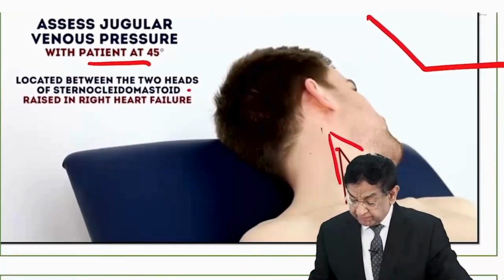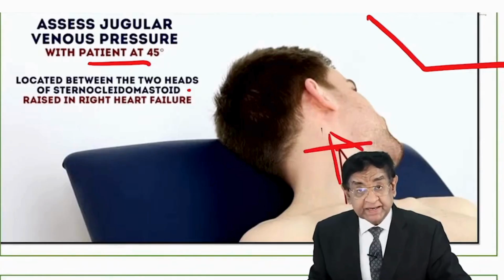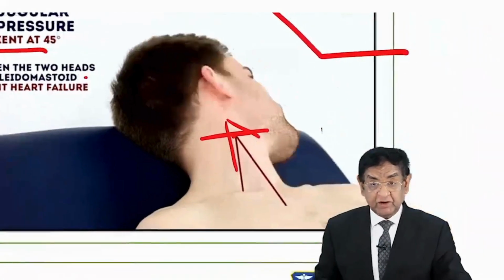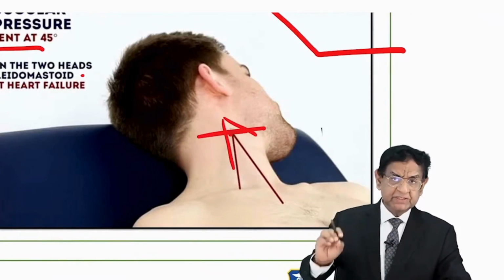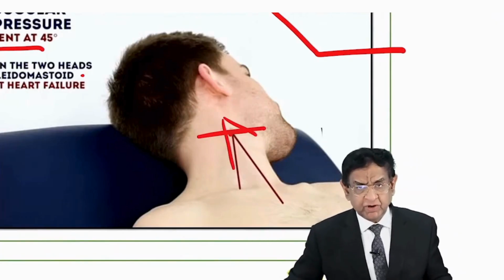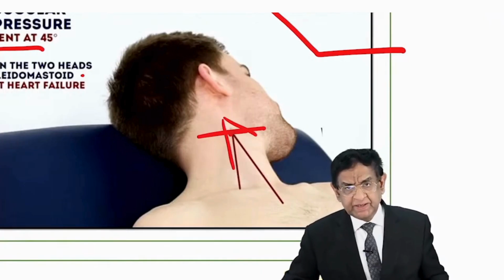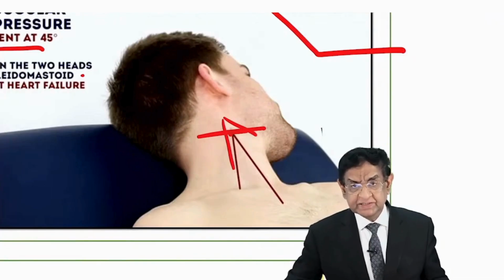So when we are measuring this height, we are measuring the height of the blood. In actual practice, we are not measuring height of water. The common mistake is they will ask questions like 6 to 8 centimeters of blood, of water, or millimeters of whatever.